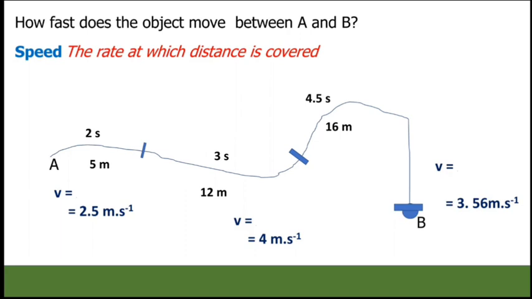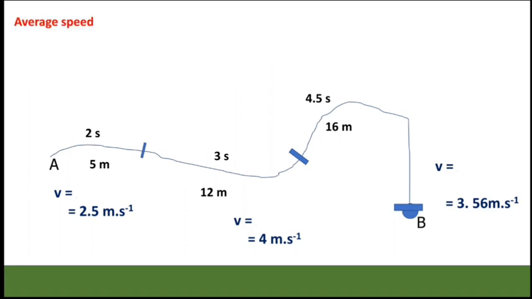Because the speed doesn't remain constant during a journey, we can refer to something that we term the average speed. It's more correct to speak of the average speed because you don't have the same speed during the journey. The speed keeps changing, okay?